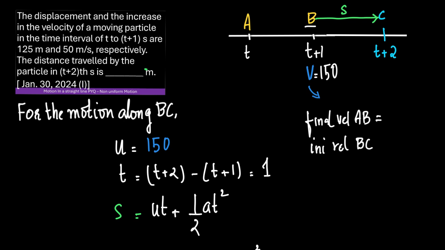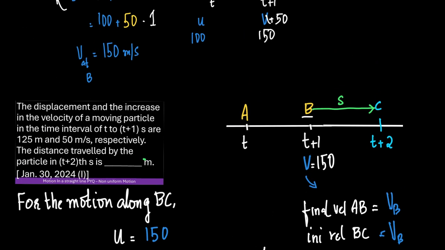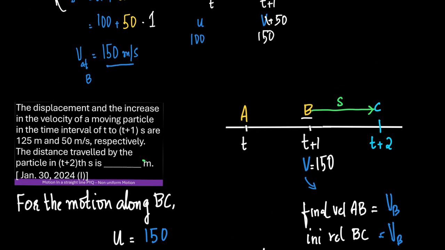So what is the final velocity for AB? It is the velocity at B. So what would be the initial velocity for BC? Initial velocity for BC would be VB. And what is the value of VB? We found out the velocity at B is equal to 150 meter per second.